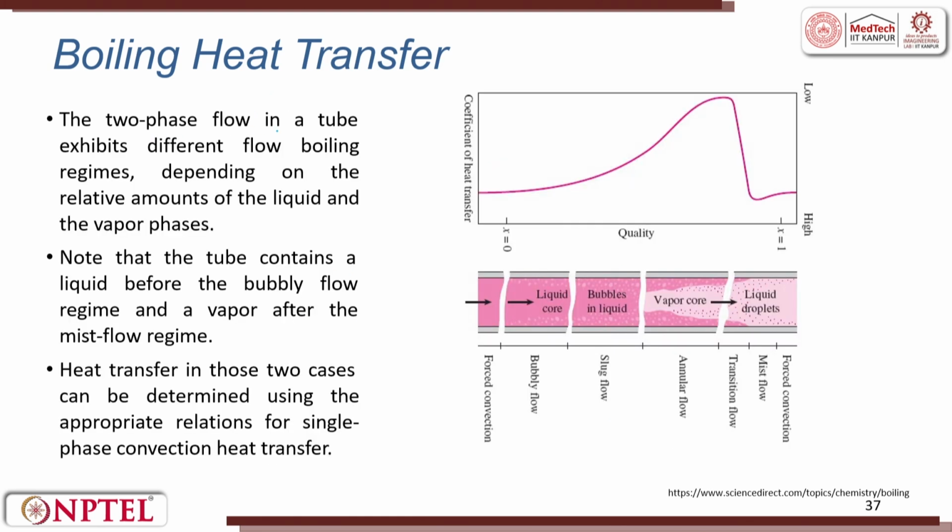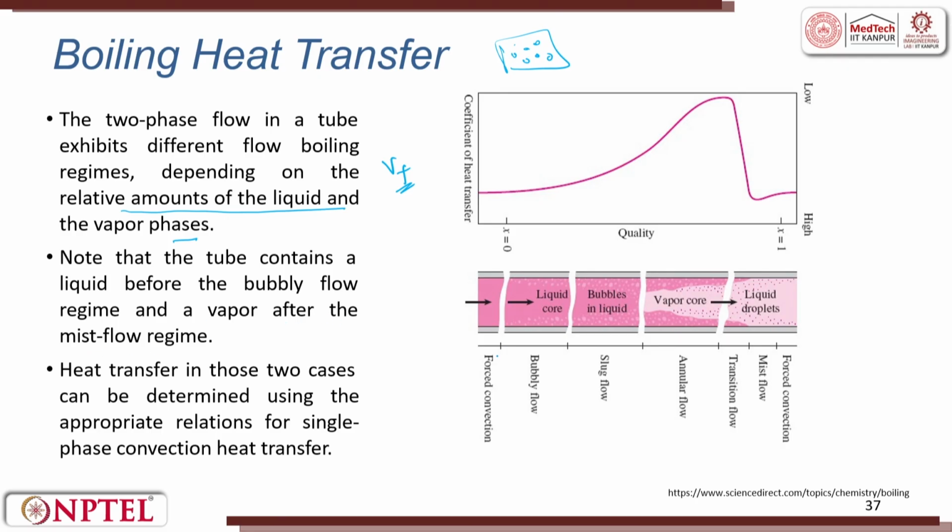The two-phase flow in a tube exhibits different flow boiling regimes depending upon the relative amounts of liquid and vapor phases present. So, it is the volume fraction: I have a liquid, and the number of bubbles present is the volume fraction. Note that the tube contains a liquid before the bubbly flow regime and a vapor after the mist flow regime.